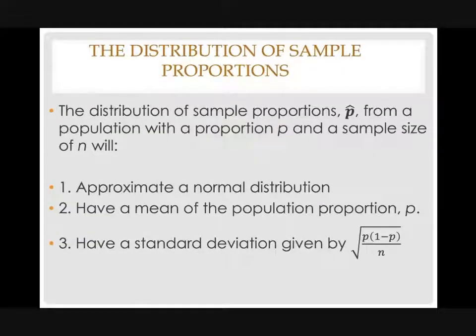So, the distribution of sample proportions. The distribution of sample proportions, p-hat, from a population with a proportion p and a sample size of n, will have a normal distribution, have a mean equal to the population proportion p, and have a standard deviation given by the previous formula, the square root of p times 1 minus p over n.